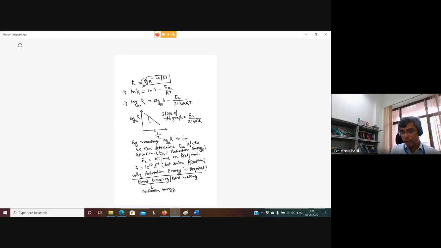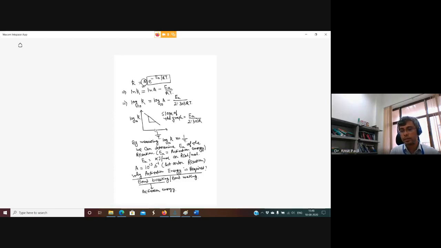For a bimolecular reaction, these molecules need to collide with each other, and they need to collide with a certain kinetic energy, then only can bond breaking take place, and that is why we need this activation energy.